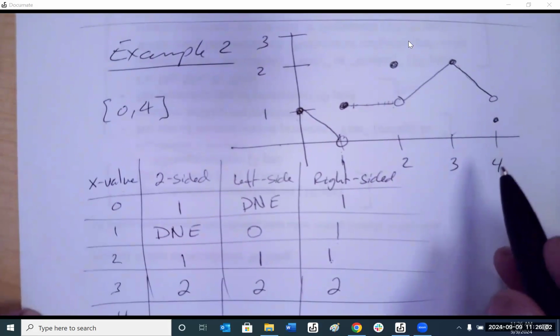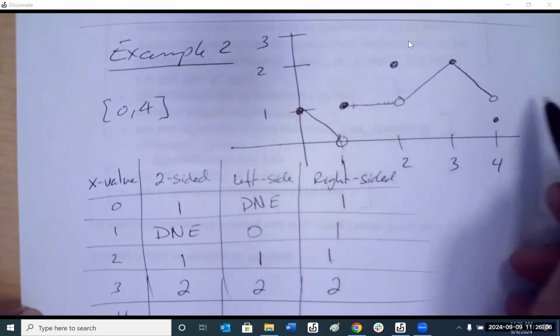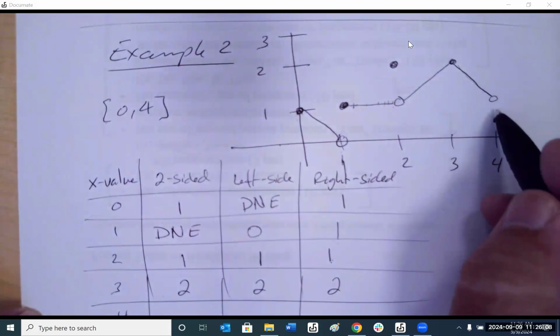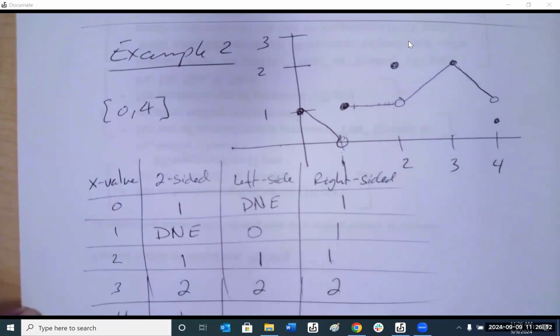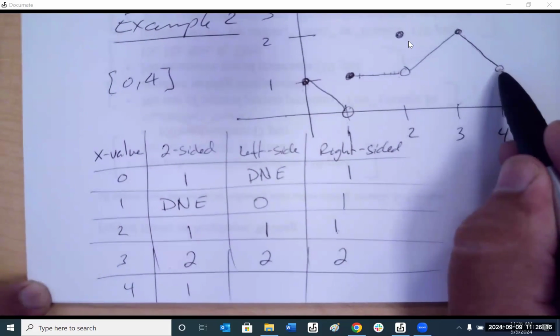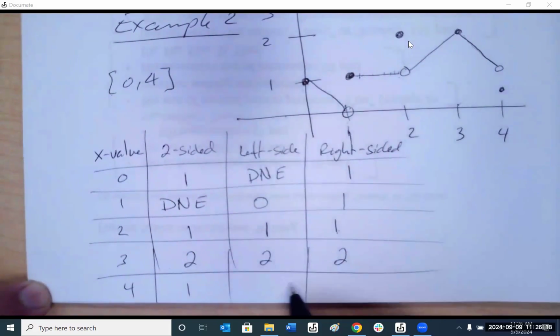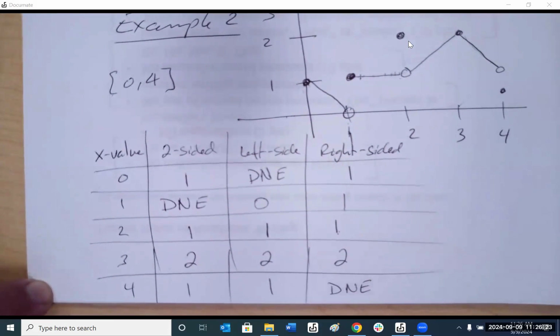Well, it does because it's in the domain. The domain is from 0 to 4. There is nothing after that. So the value of the two-sided is 1. One-sided left, it's 1. One-sided right does not exist.